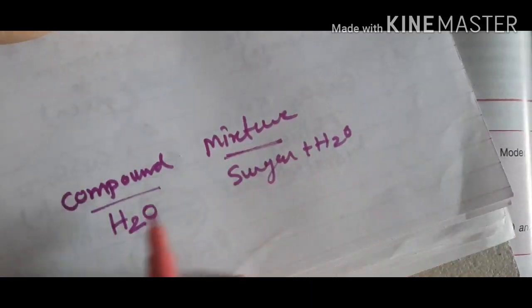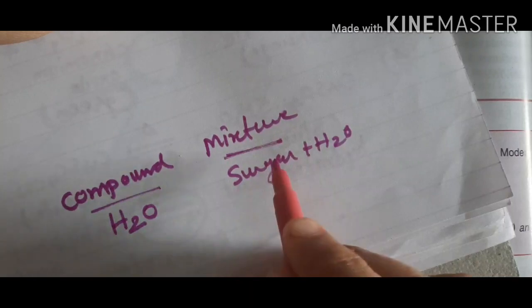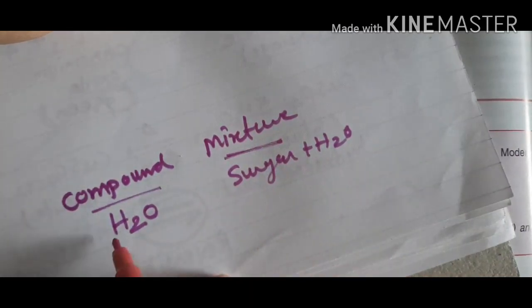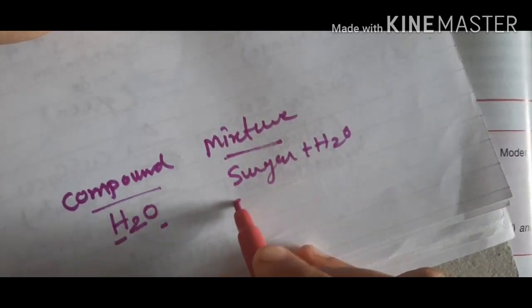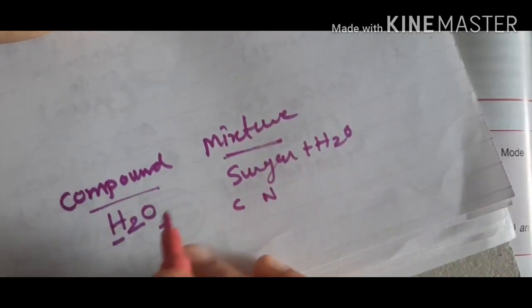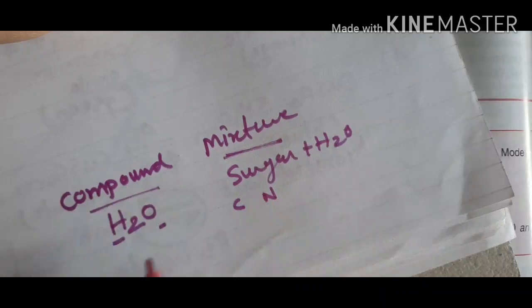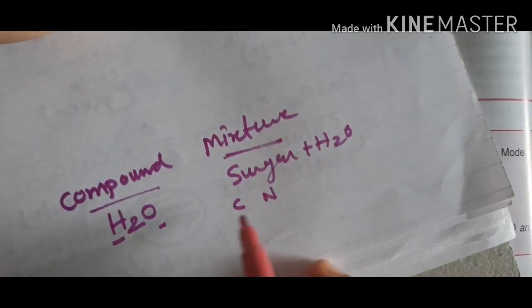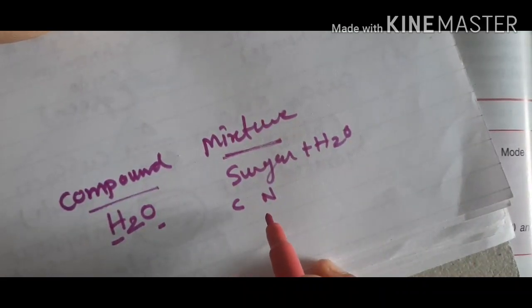All these things come from particular elements like hydrogen, oxygen, carbon, nitrogen. So now we learn from the basics where these elements come from and how they are arranged.